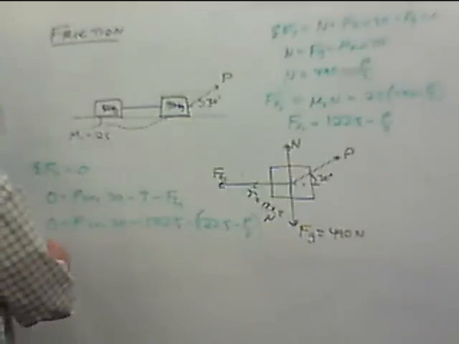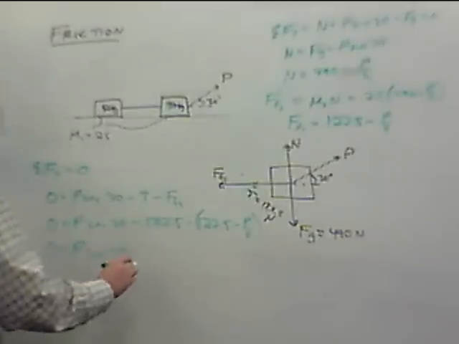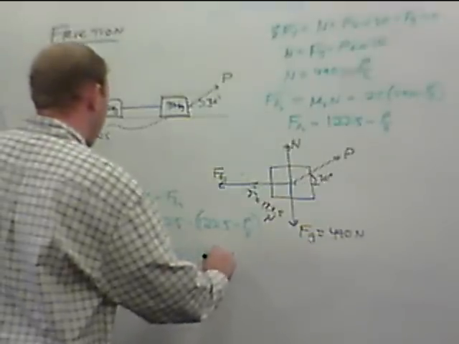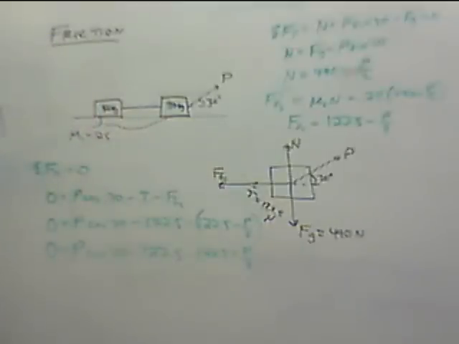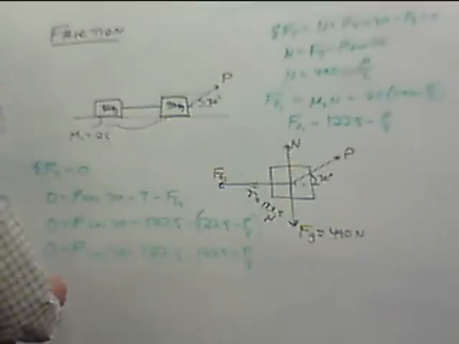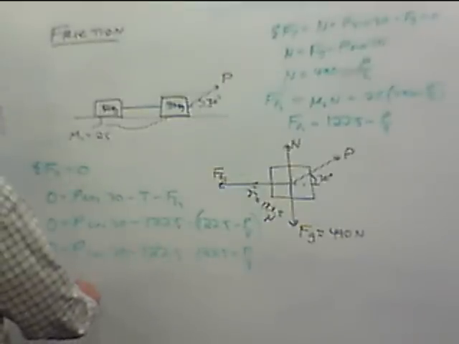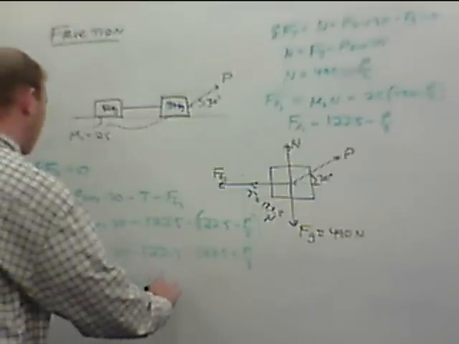Distribute the negative. We end up with 0 equals P cosine 30 minus 122.5 minus 122.5 plus P over 8. Okay, combine terms here. Actually, I'll bring these two over. So we end up with 245 equals P times cosine of 30 plus 1/8.